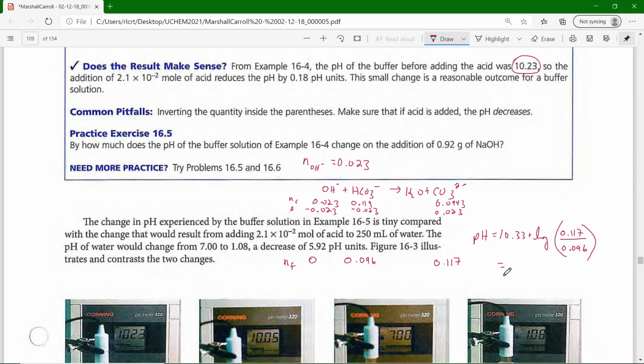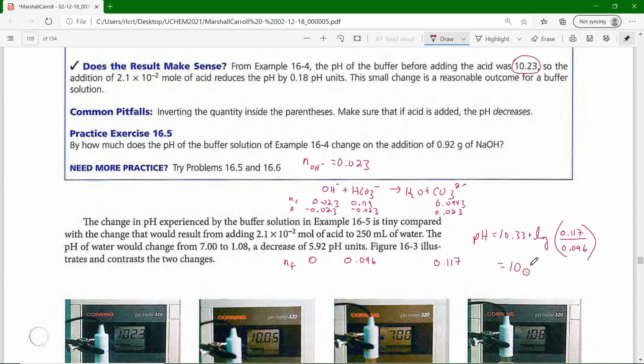So 0.117 divided by 0.096 is 1.2188, fine. And then I'm going to take the log of that value, and I'm going to add it to 10.33, and I get 10.42.